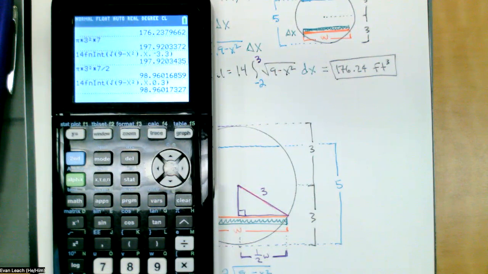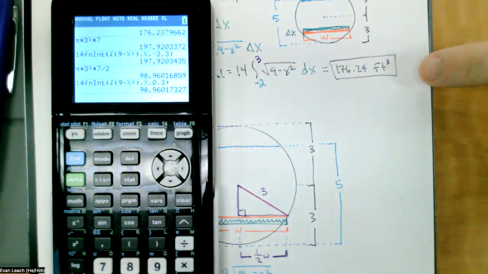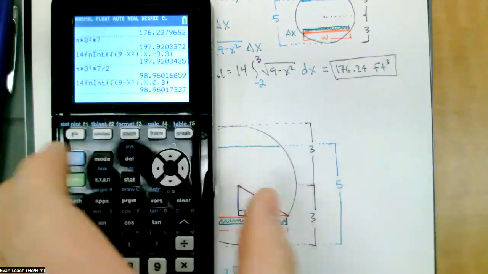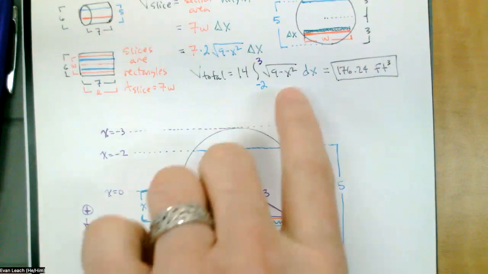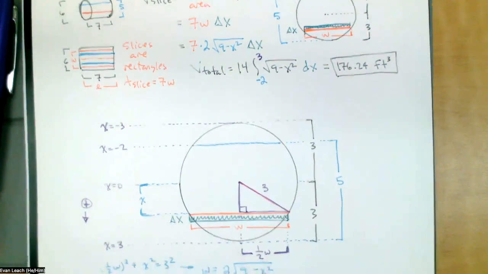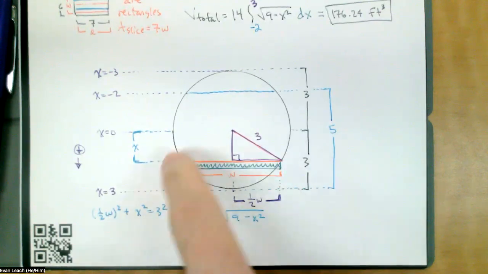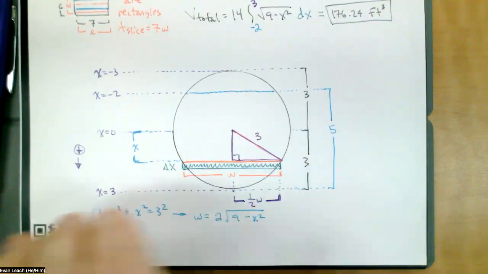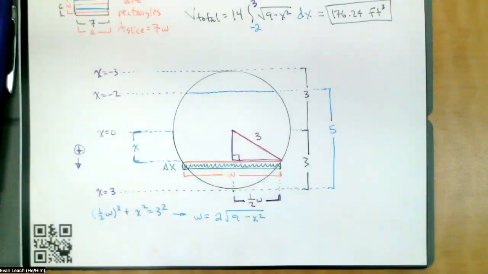Remember, the last thing on our list of things to do is to come up with the answer. That was not the point of the problem. The point of the problem was setting up a definite integral. And the point of doing this problem was to give you something that wasn't similar triangles to create a relationship between stuff going sideways and stuff going up and down.